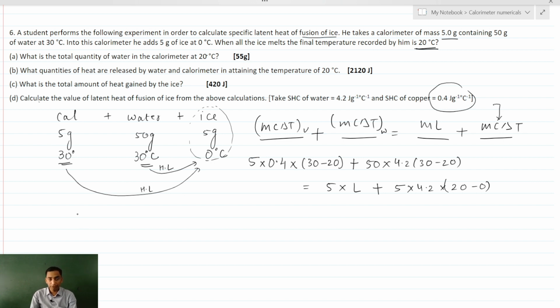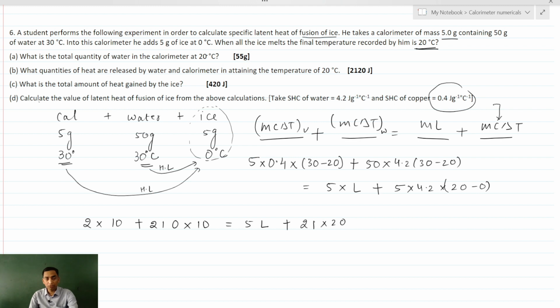So we have here 5 fours are 20, so it is basically 2 into 30 minus 20, so 10, plus again 5 into 42, so 5 twos are 10, 0, 1, 5 fours are 20, so it will be 210 times 10 again. That is equal to 5 times L plus 21 times 20.